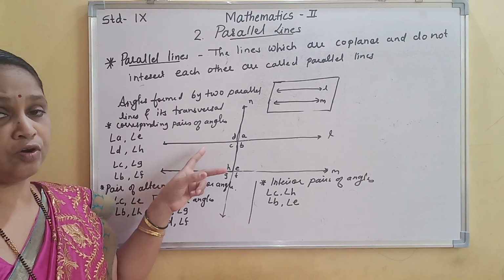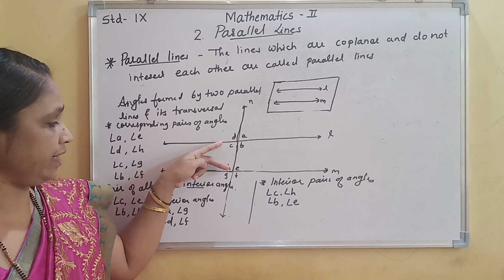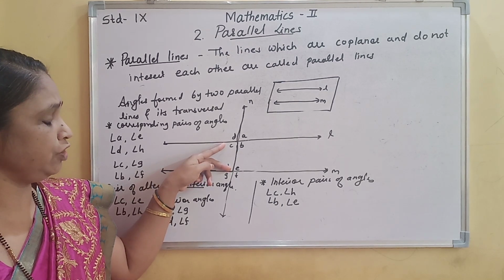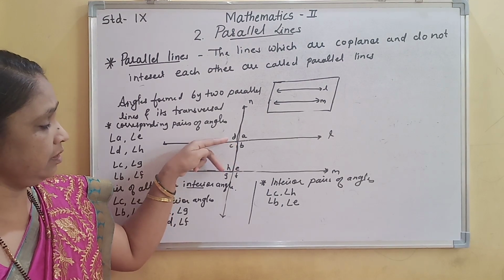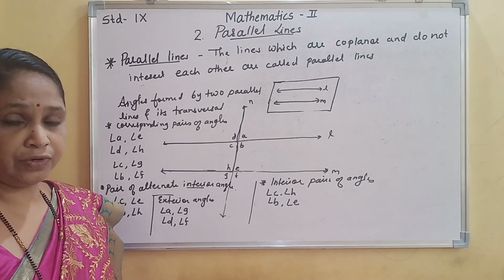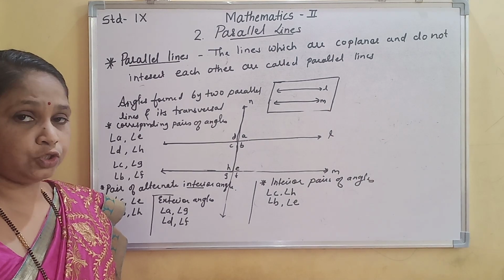We know that the sum of interior angles is equal to 180 degrees. The sum of angle C and angle H will be equal to 180 degrees, and the sum of angle B and angle E will be equal to 180 degrees.